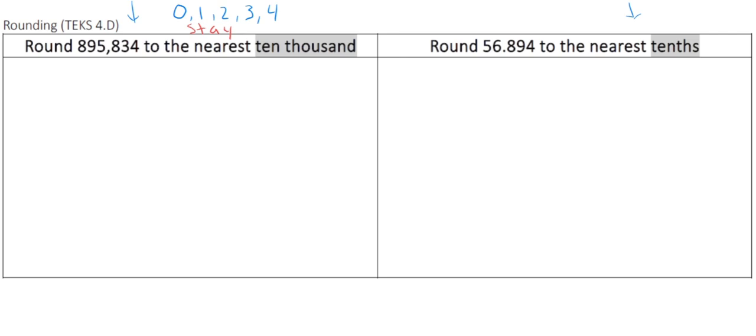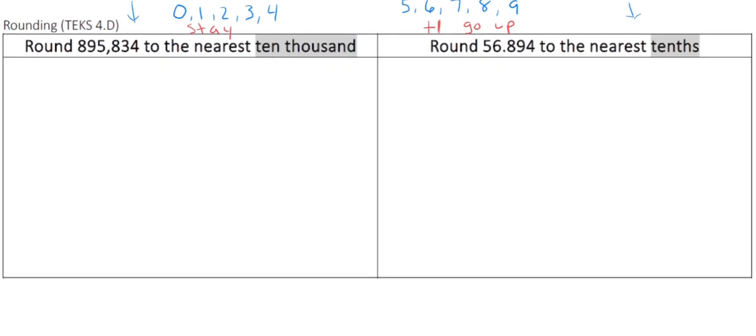And then if we have numbers that are 5, 6, 7, 8, 9, we add 1, or we say go up. Okay, and then we'll show you why that's important to know.